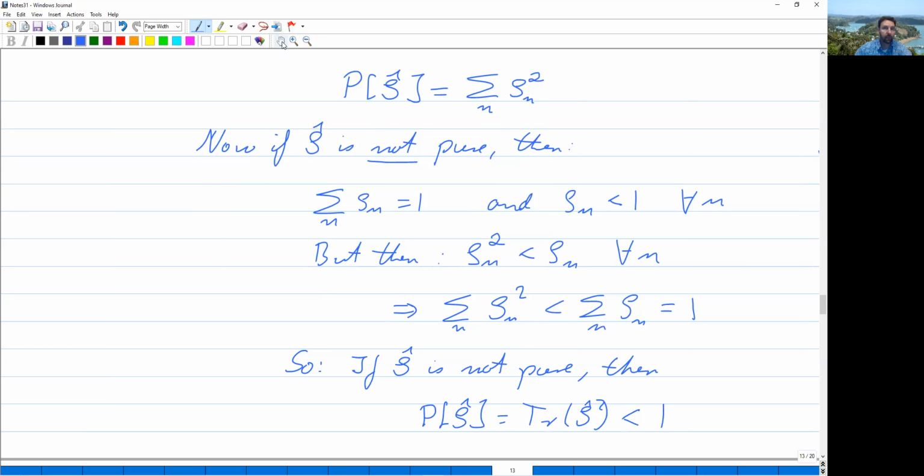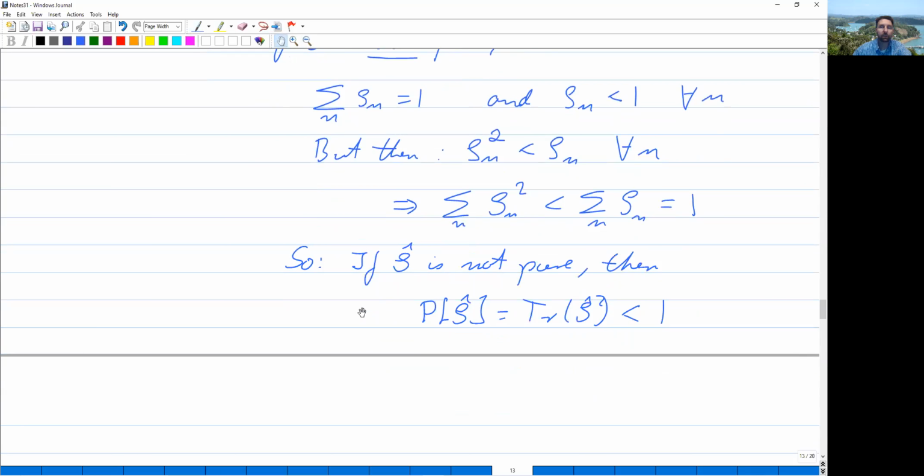Now, that's good, and we can use this as a measure of how mixed the state is, or how pure or how impure it is. Because obviously, the more rho n's we have that are non-zero, the smaller the rho n's have to be.